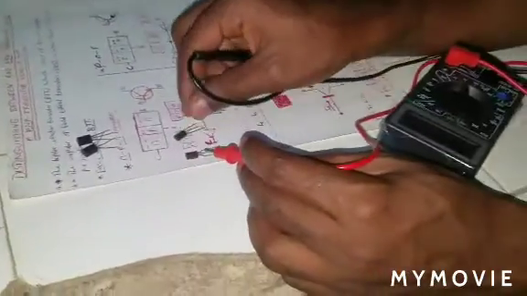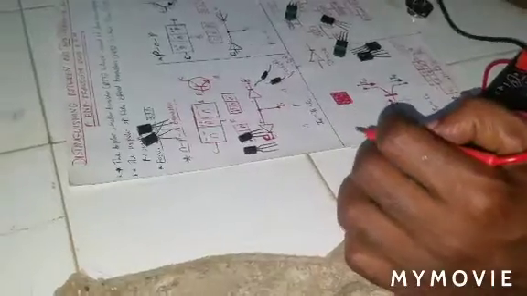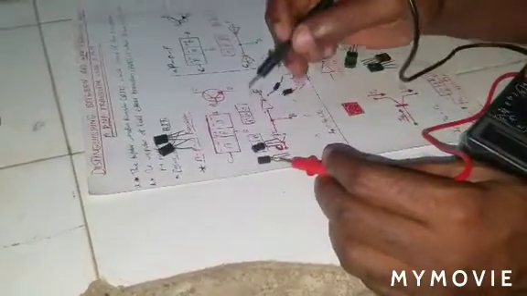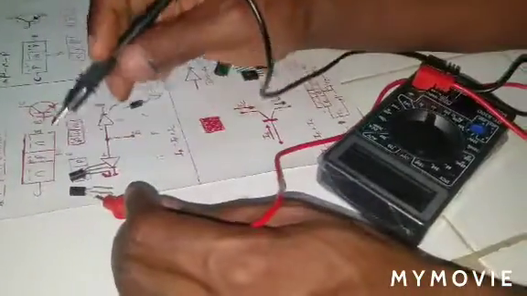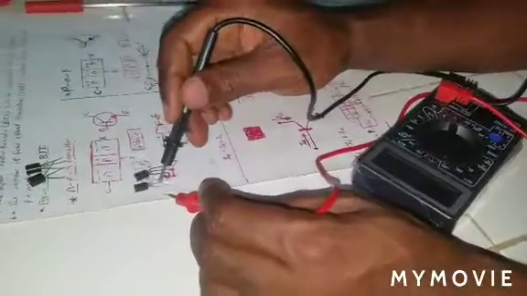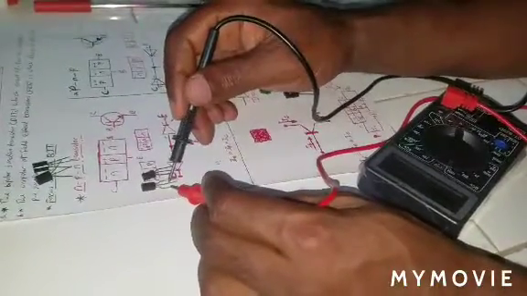Now, when I take these transistors, look, they are very, very alike. I place my positive on this terminal, and then I take my negative here.